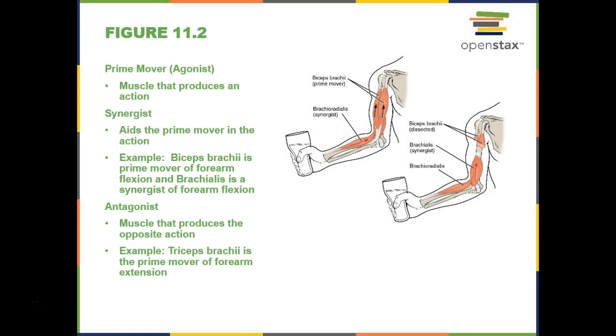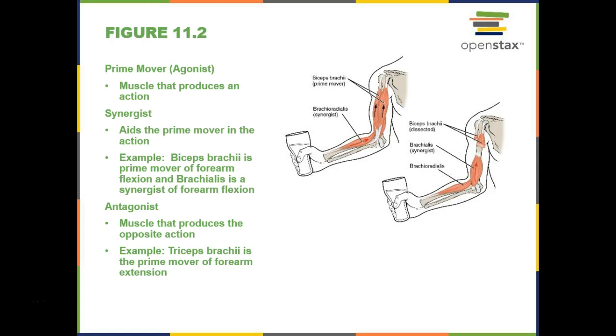An antagonist, and this is why I like the word prime mover and not agonist, because the antagonist is the muscle that produces the opposite action. So the antagonist of forearm flexion is forearm extension, and that is our triceps brachii.